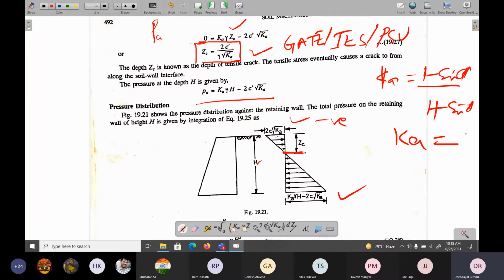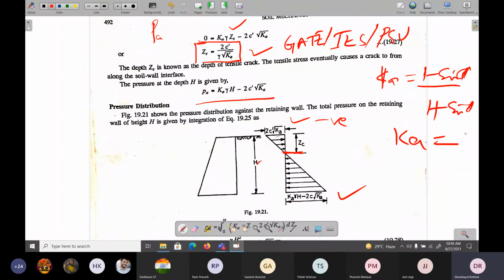Neither is it pulling nor pushing there. At the top it is pulling the wall, it is negative. At the depth ZC, some tensile cracks will happen, and that particular stress eventually causes the crack to form along the soil-wall interface. In this cohesive soil, this equation is very, very important.